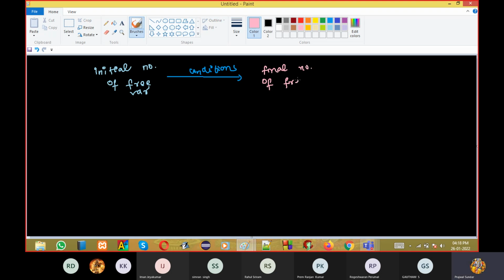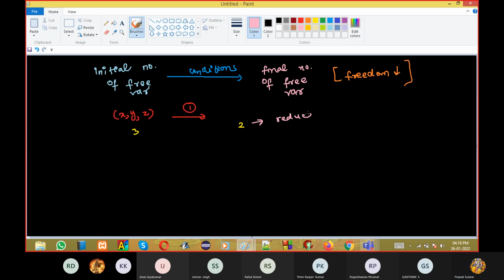Which means freedom is reduced after these equations are applied, correct? Example, suppose I have x, y, z initially. I'm applying one condition. Here freedom was 3, but now freedom will reduce to 2. Reduced freedom. 3 minus 1 will be 2.